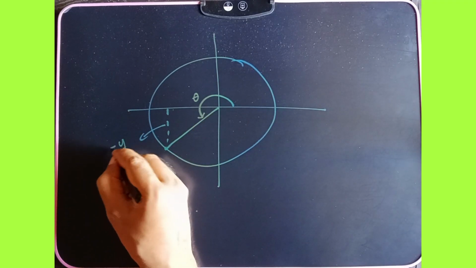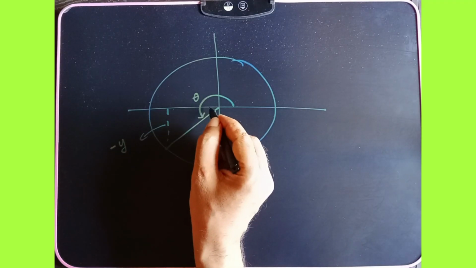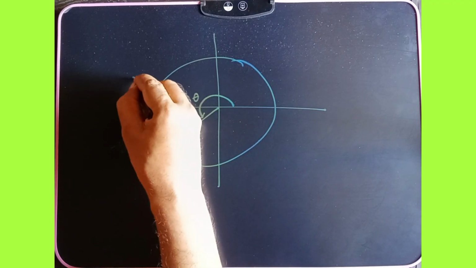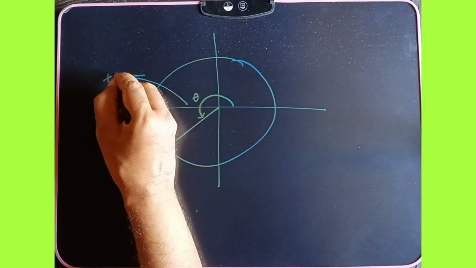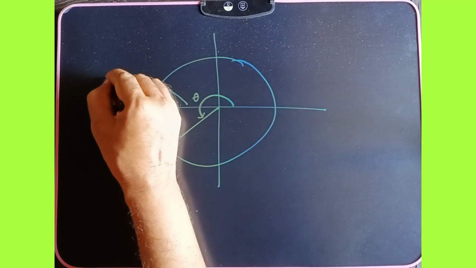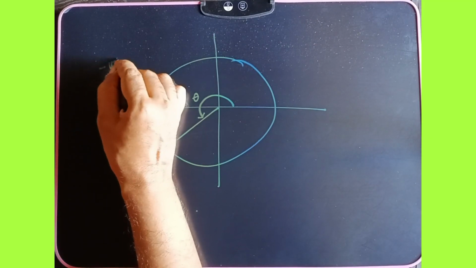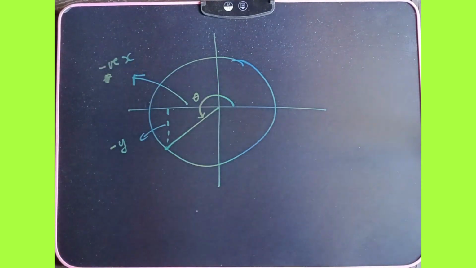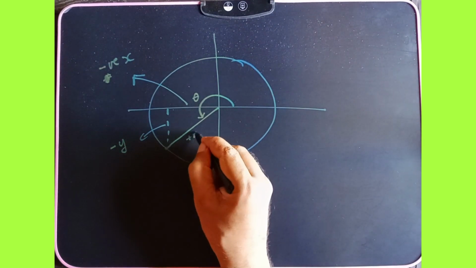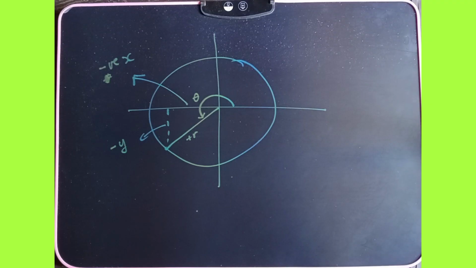This will be negative y, and the x-axis will be negative x, and r will be positive r, right? So now, how do we find all the ratios of sine, cos, and tan?